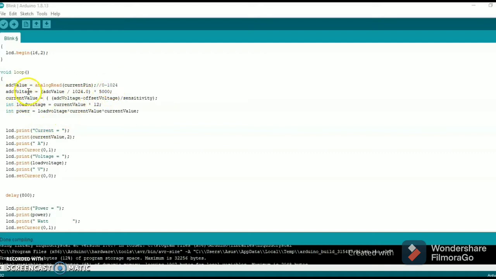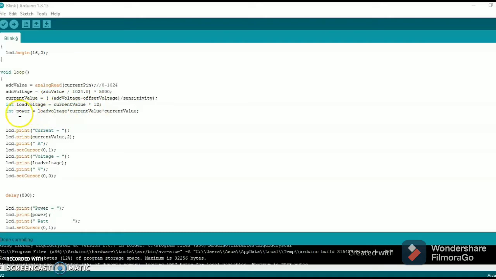Next, we assign the ADC voltage as the ADC value. The current value is the ADC voltage minus offset voltage over sensitivity, which is the internal resistance. Next, the load voltage. The load voltage will be the current value times 12.